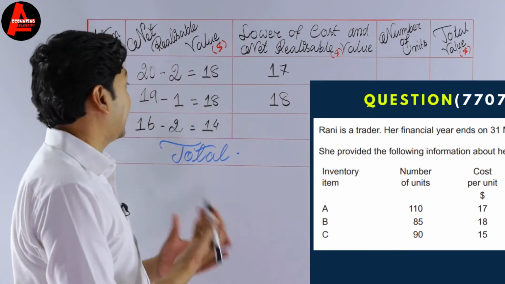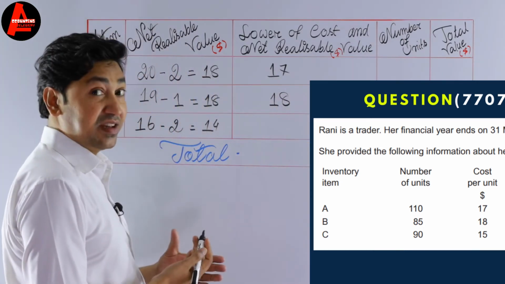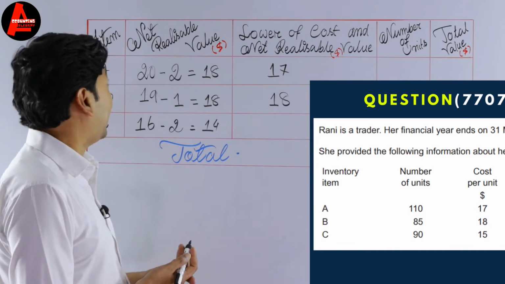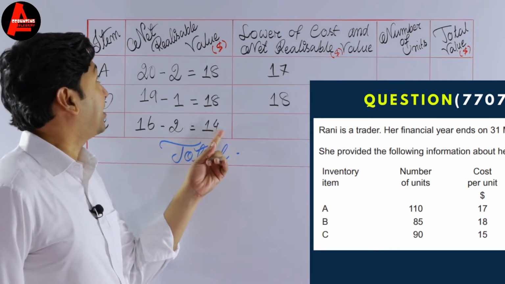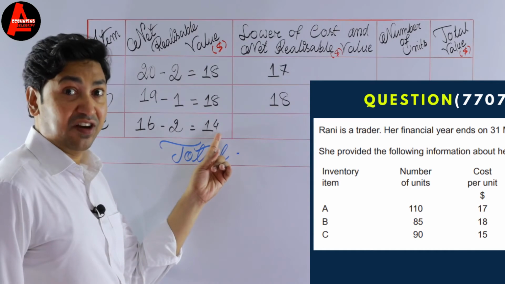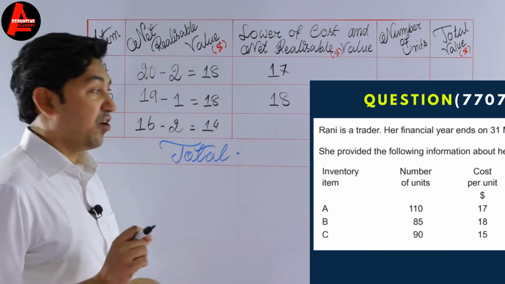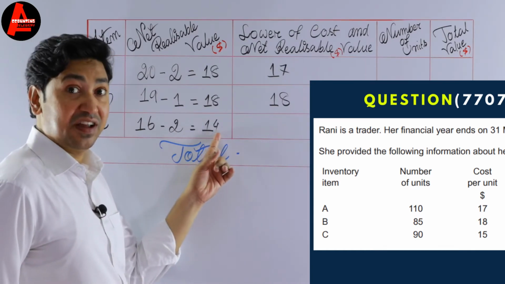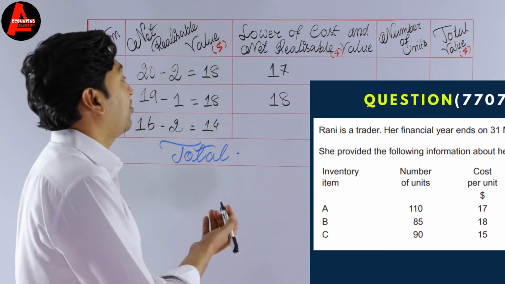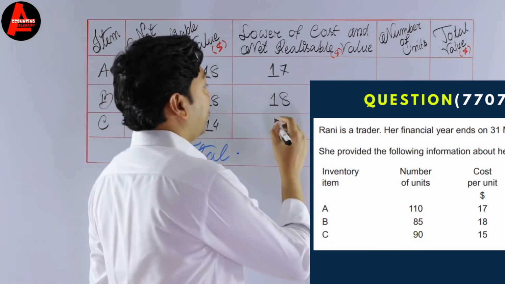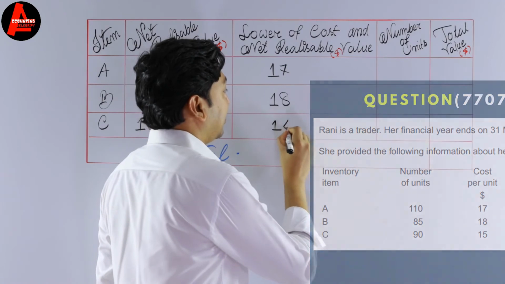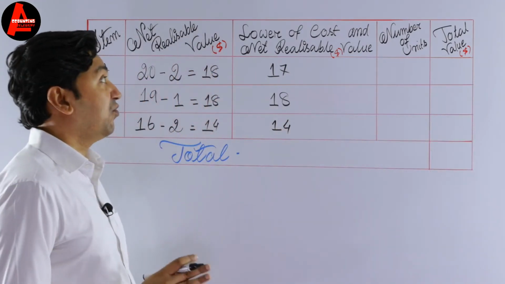Then for C, the cost price is $15, but the net realizable value is $14. So which is lower? This $14 is lower. So net realizable value we will write here, which is $14. Now what to do?